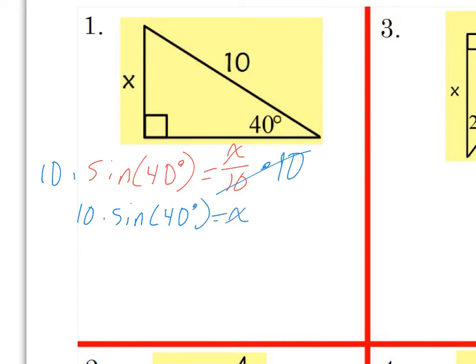Punch that in your handy dandy calculator and you do 10 times the sine of 40, which gets me in this case 6.428, and that's my answer on that one.